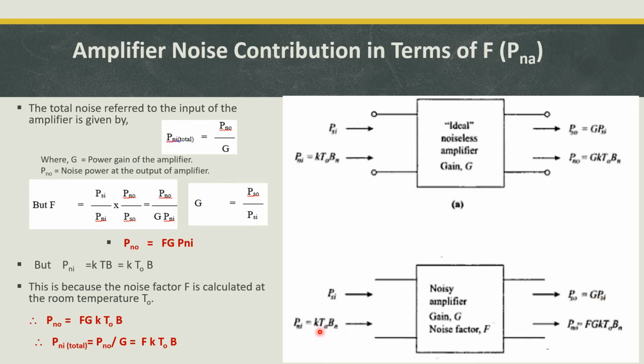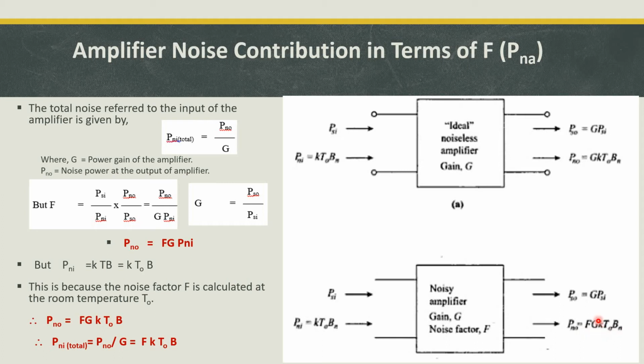For noise, KTB is multiplied with G and also a noise factor F. So the additional factor here is provided as F. This is because of the noise introduced due to the amplifier. So PNA is equal to FGKTB.